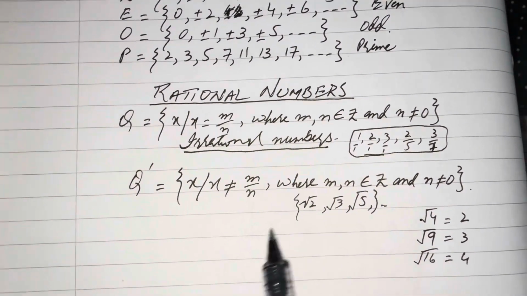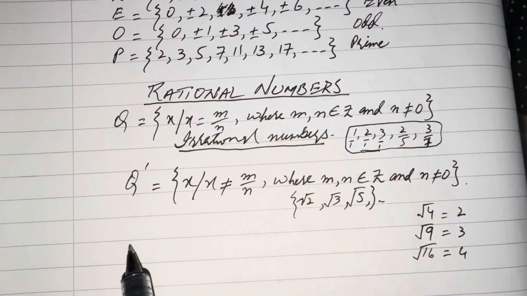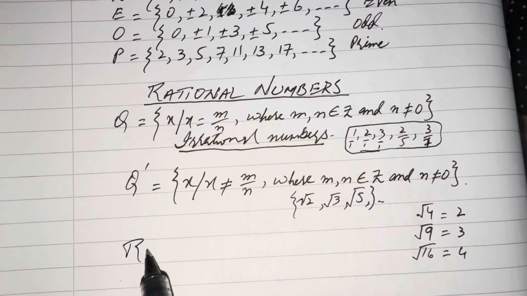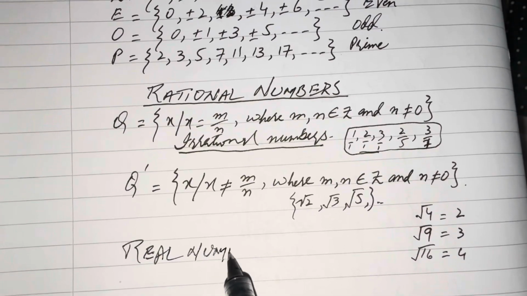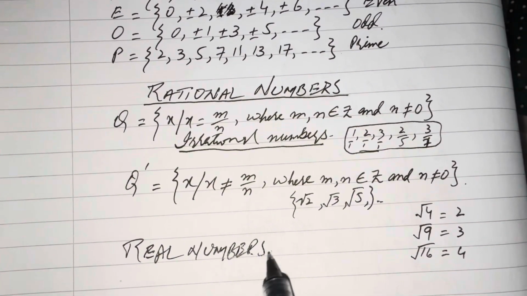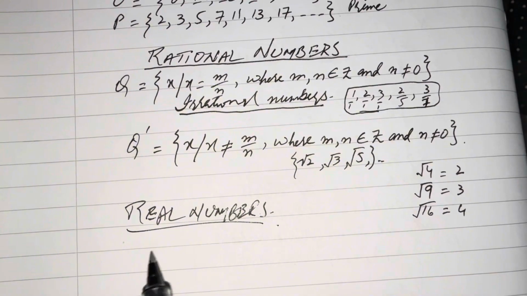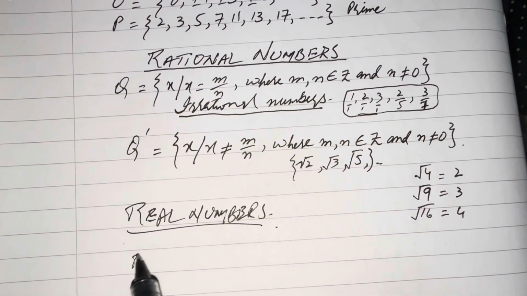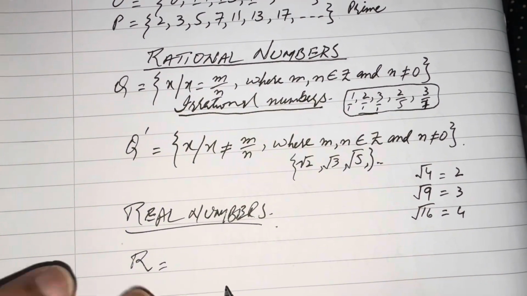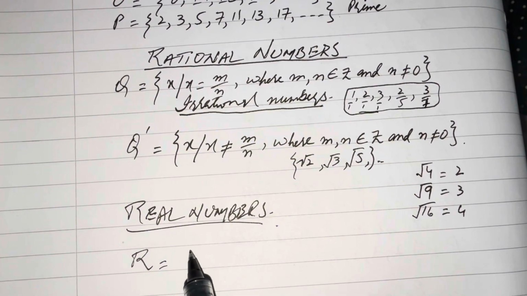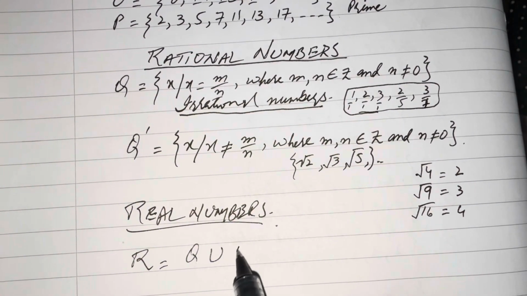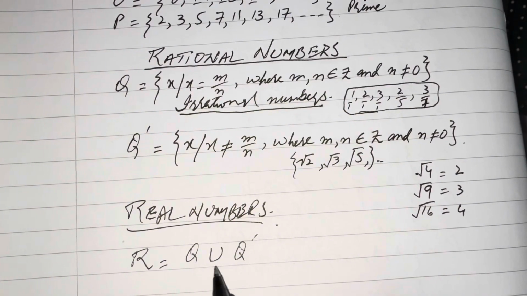So the last type of sets is called the real numbers. The set of real numbers is denoted by R, and we can say that all the irrational and rational numbers are called the real numbers, or we can say Q union Q dash.